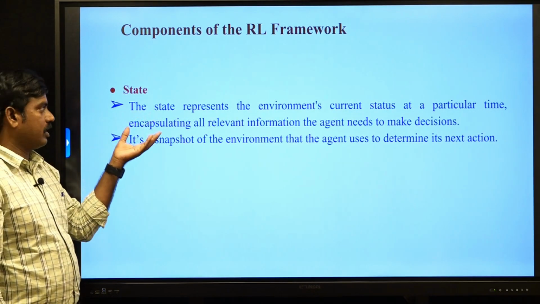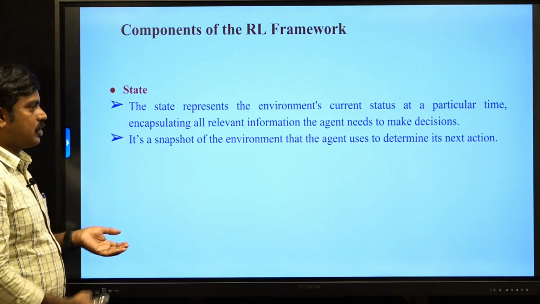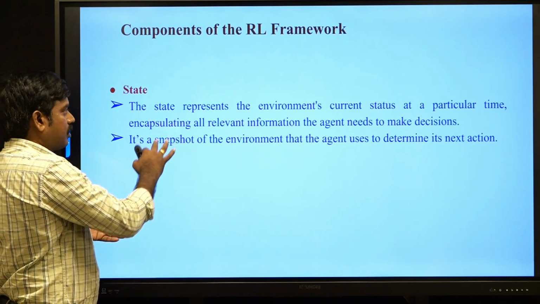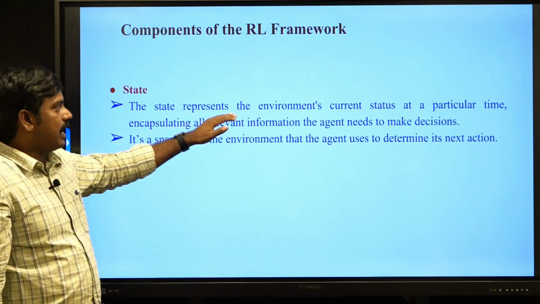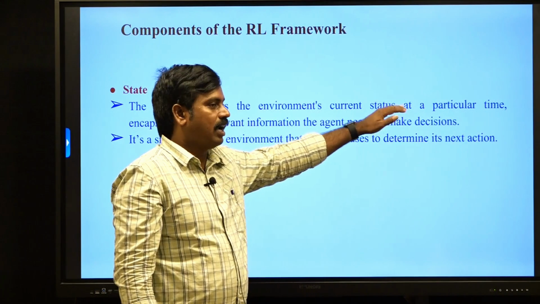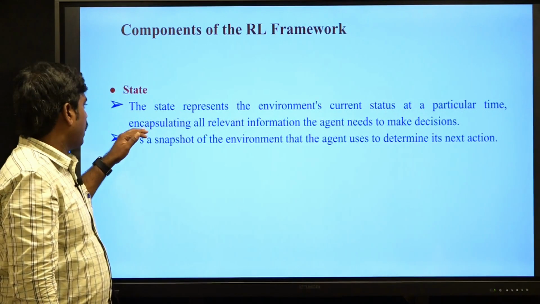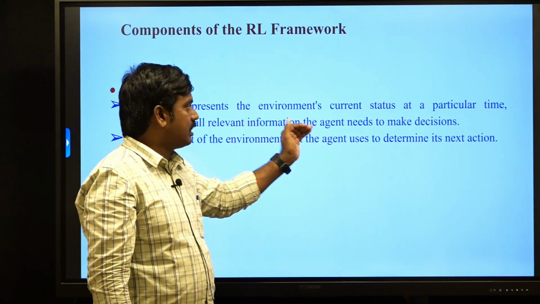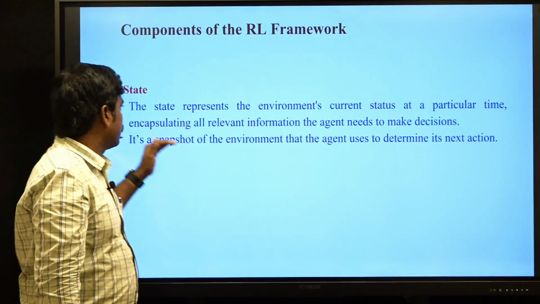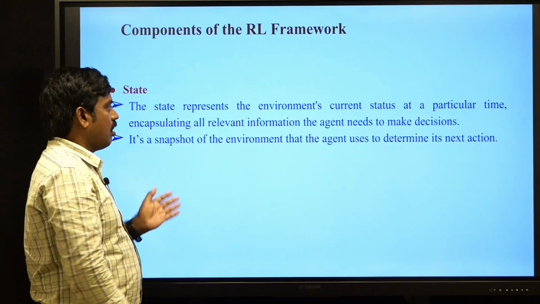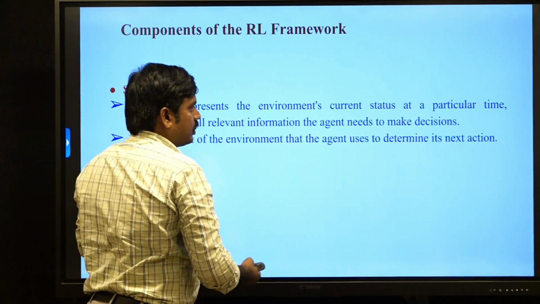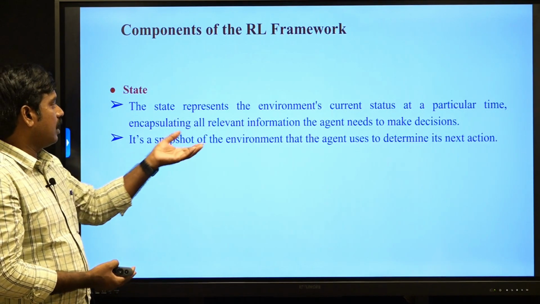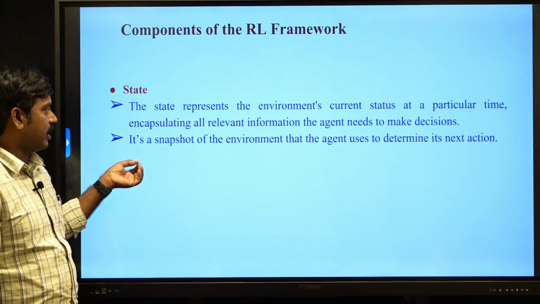Next component is the state. The state is the situation of the environment. It represents the environment's current status at a particular time, and it encapsulates all the relevant information that the agent needs to make a decision. The agent needs to make decisions in that environment by applying some action.